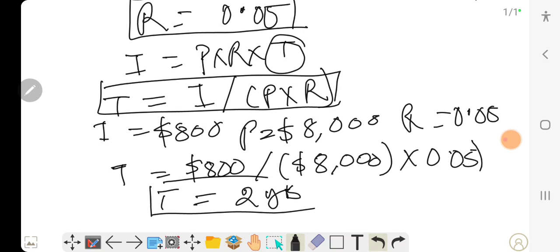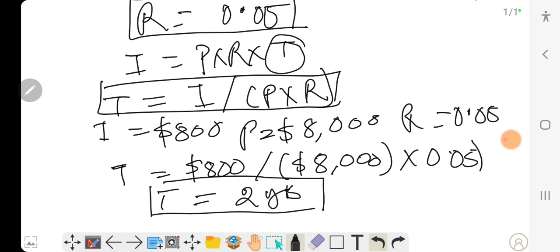So for the period of 2 years, if you had invested $8,000 at the rate of 5%, the interest income would have been $800. So hope you understood, given this interest formula, how to compute the interest amount or the principal or the rate or the time, given the other 3 parameters.